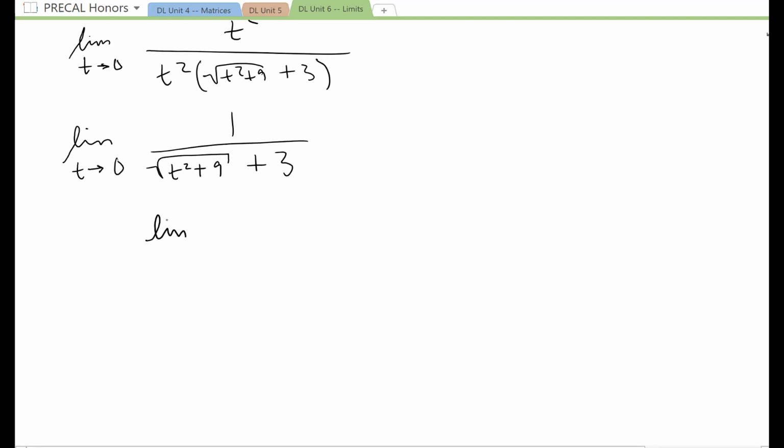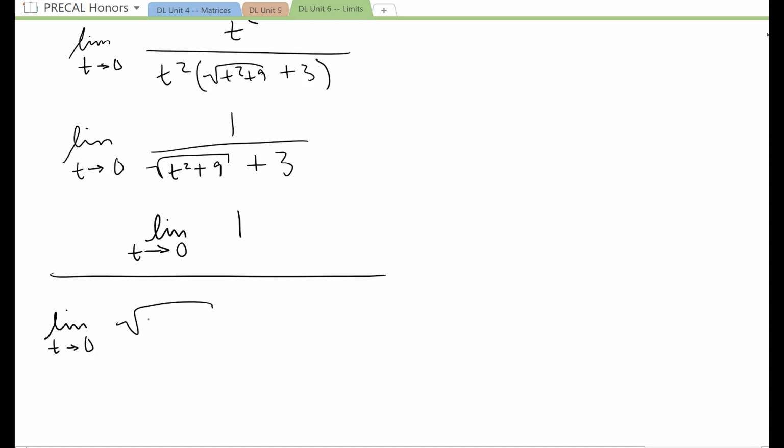So I will take the limit of the numerator over the limit of the denominator. That's also the same as the limit of this sum in the denominator. So I'll go ahead and change that.